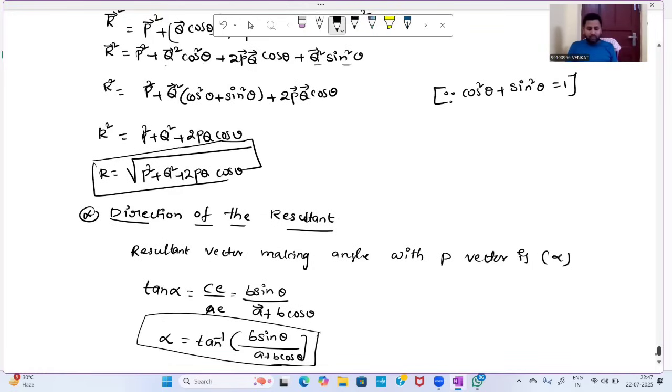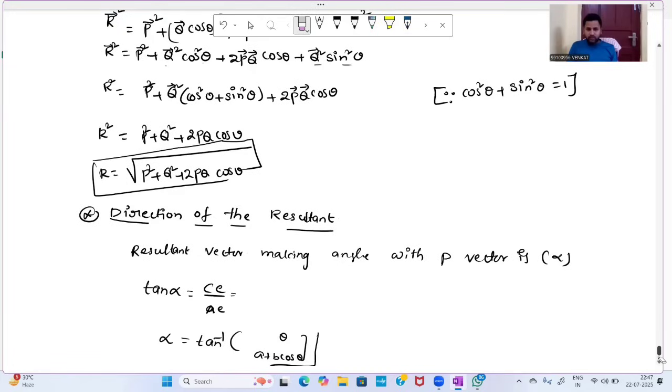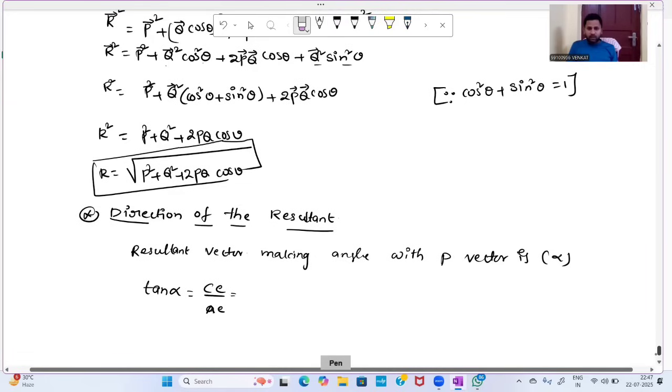Sorry, actually we have taken P and Q, right? So this is Q sine theta by P plus Q cos theta. Then alpha equal to tan inverse of Q sine theta by P plus Q cos theta.